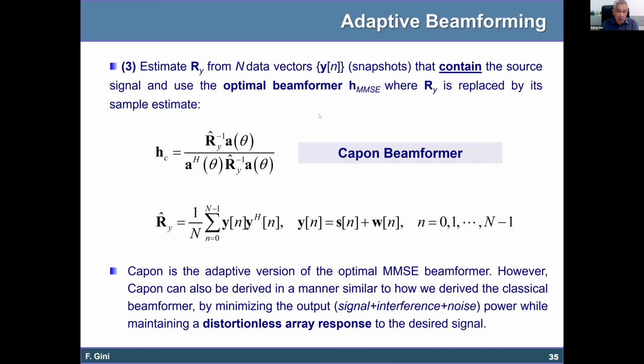The third option should be considered when we don't have data that are free of signal. In passive sensing, typically we can observe N snapshots, but these N snapshots contain both the signal and the disturbance. So the matrix that we can estimate is the data matrix Ry, not Rw.